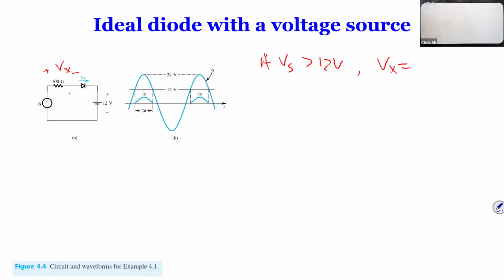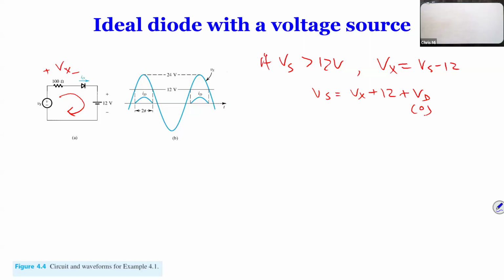So by loop analysis, you know Vx is going to be Vs minus 12. Or in other words, you say Vs equals Vx plus 12 plus Vd, and Vd here is 0. So that's why Vx is Vs minus 12.